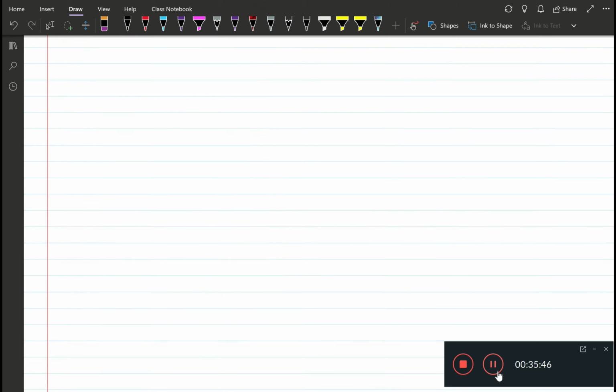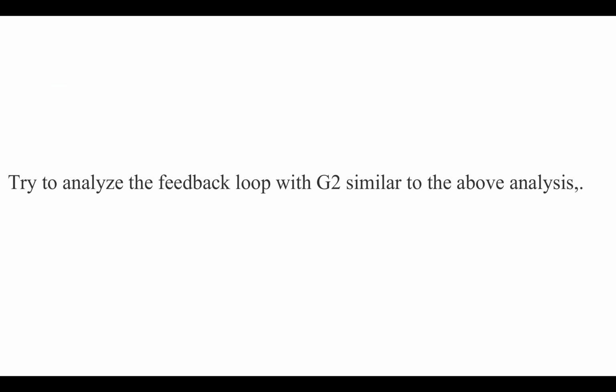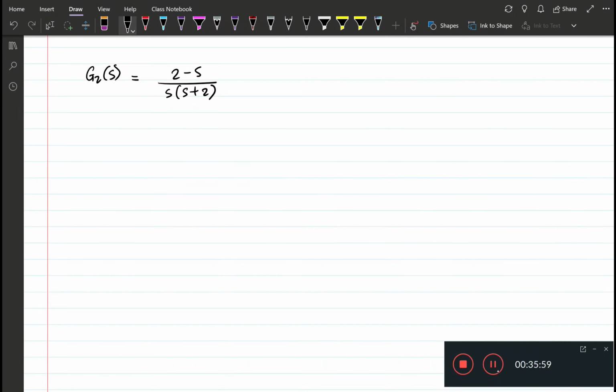So let's have a look at G2(s) now, and that's given by (2 minus s) over s times (s plus 2). What we see again here is that this is marginally stable because of the integrator and a stable pole at -2.